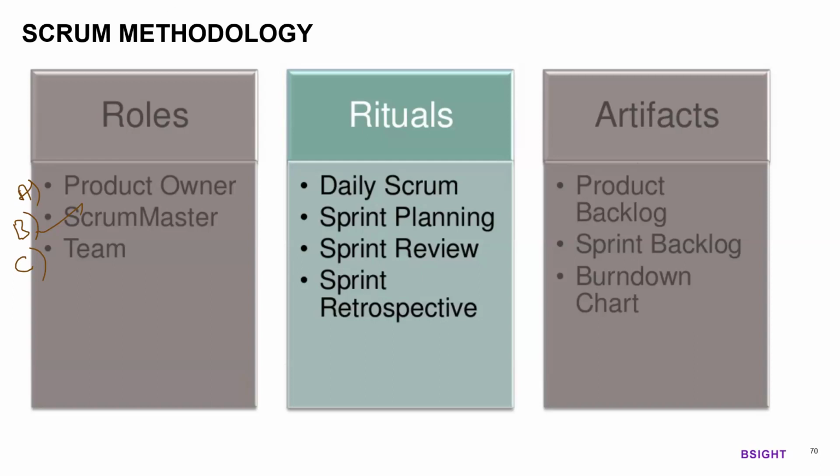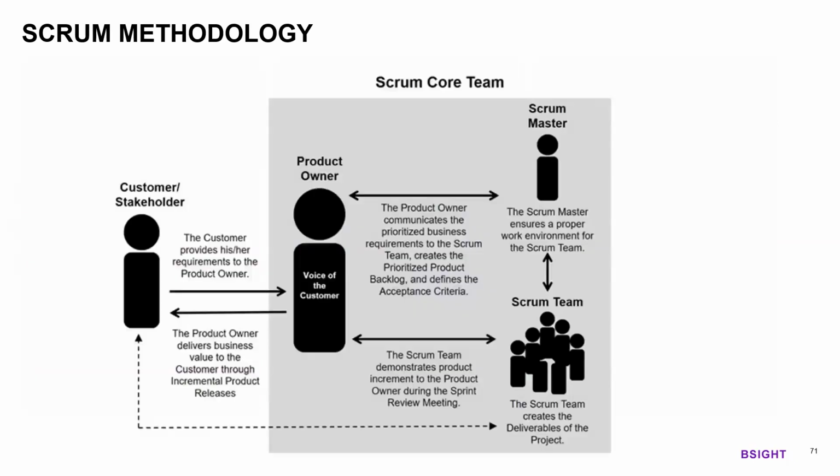So usually, the team setup is something like this. Customer will be providing their requirements to the product owner, who is also known as the voice of customer. Product owner communicates the prioritized business requirements to the Scrum team, creates the prioritized product backlog, and defines the acceptance criteria for those features. The Scrum team creates the deliverables of the project.